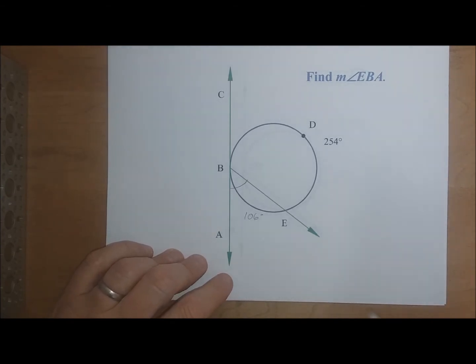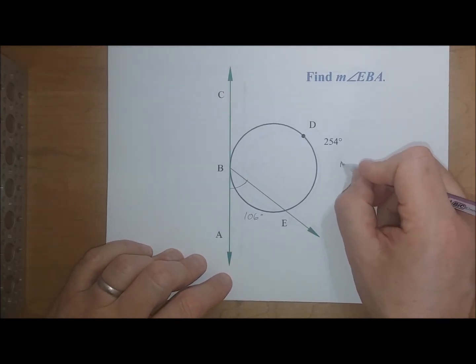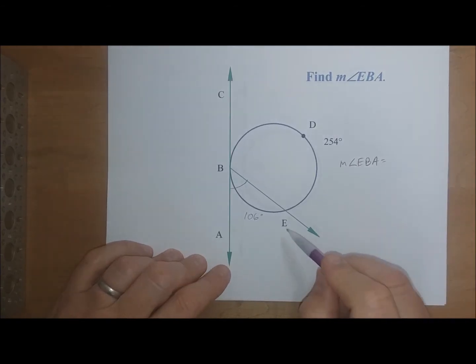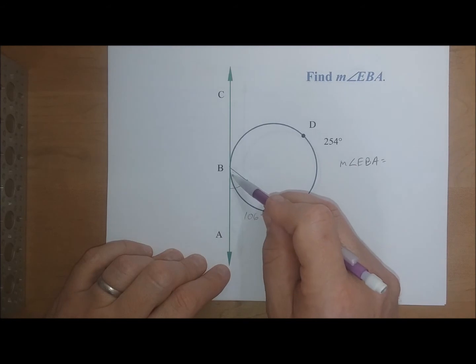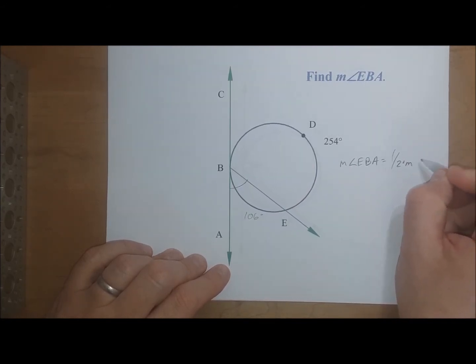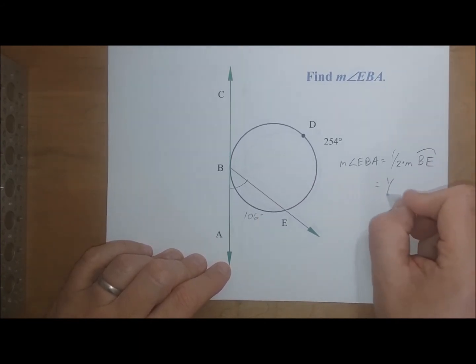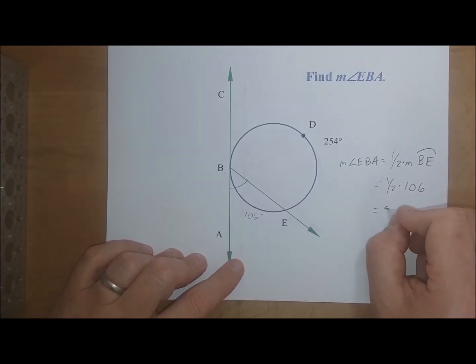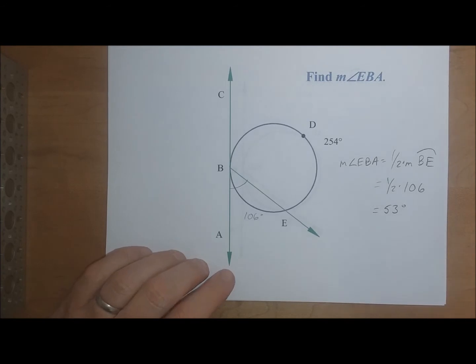Then the measure of angle EBA is going to equal half of the arc it intercepts, 1/2 times the measure of arc BE, which is 1/2 of 106, giving us 53 degrees.